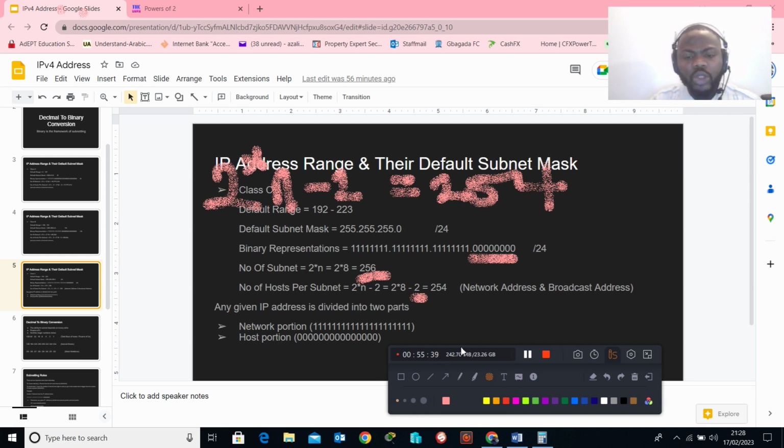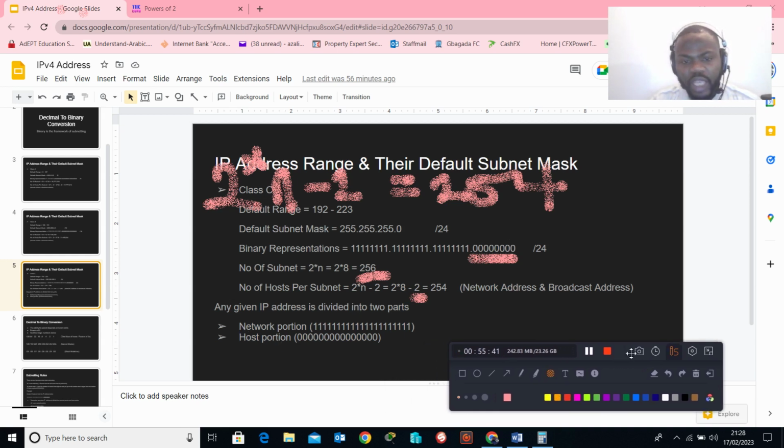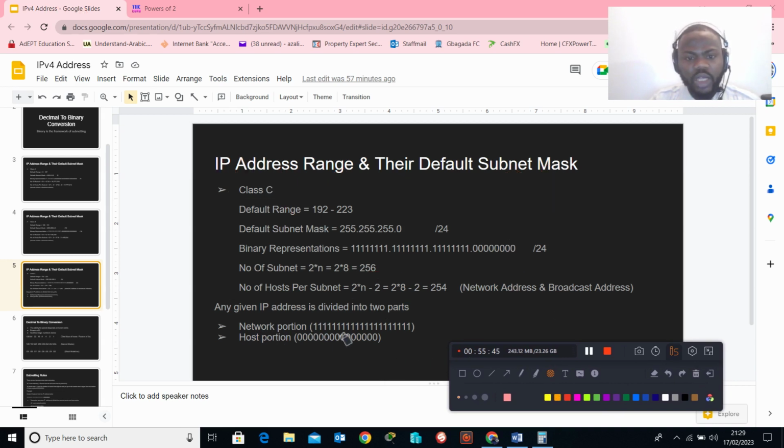One thing I want you to know when you are calculating IP addresses again is that all ones, anywhere you see ones, they mean network address. Anywhere you see zeros, they mean host portion, because any given IP address is divided into 2 portions: the network portion and the host portion.